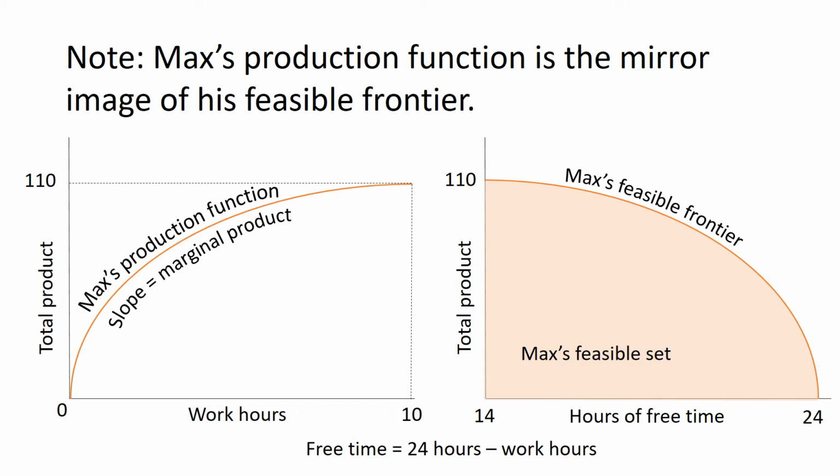And the absolute value of the slope of the feasible frontier is the marginal rate of transformation. That means that for any given number of work hours, the marginal product is equal to the marginal rate of transformation. And we're going to use that fact in a minute when we look at the optimal number of work hours.